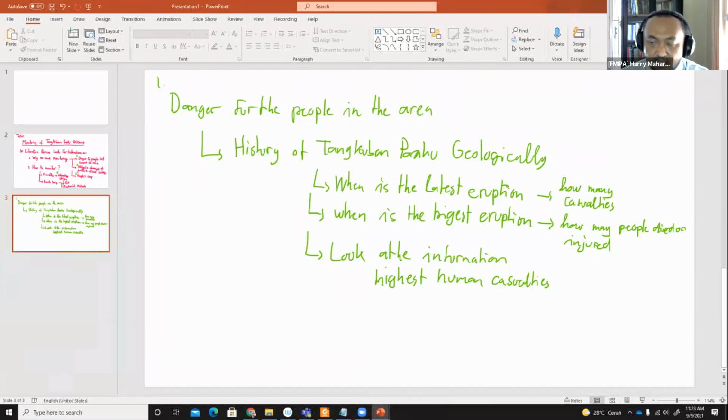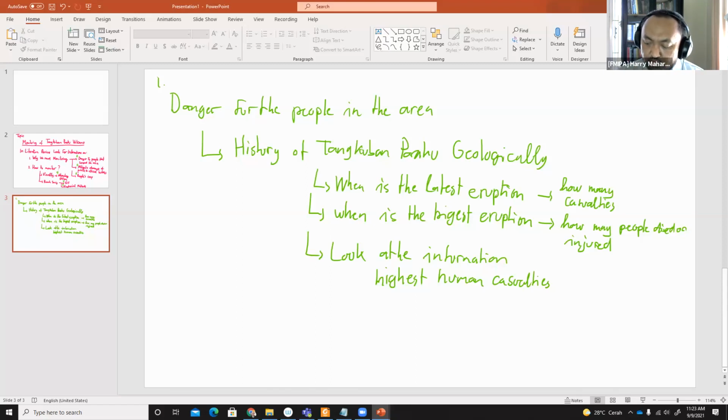Because sometimes in a certain volcano, a large eruption doesn't mean that human casualties will also be high. Sometimes an eruption that lasted for a certain period of time, even though the intensity is lower, will produce more casualties compared to the biggest event.